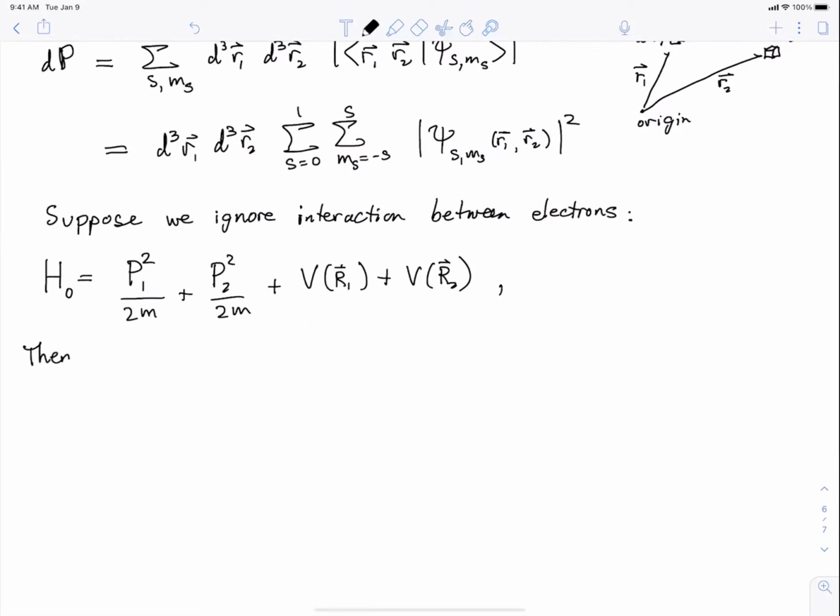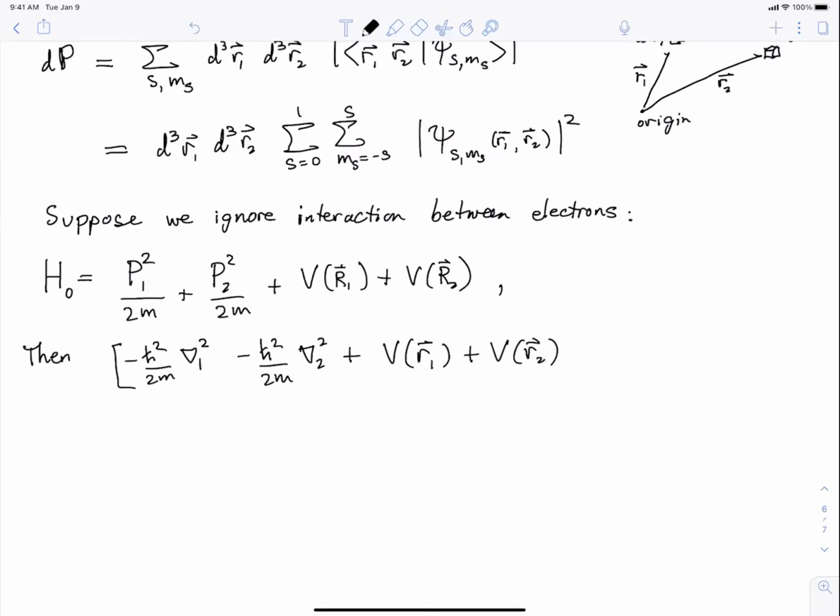So we would solve the Schrodinger equation, and we would write this as minus h bar squared over 2m, Laplacian 1 squared, minus the same thing for Laplacian 2 squared. So that just means Laplacian with respect to the coordinates 1 and 2 respectively, plus the potential for R1 plus the potential for R2.